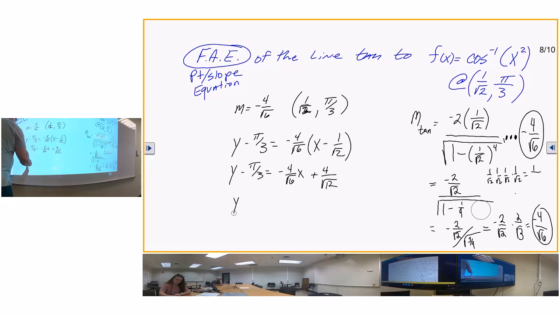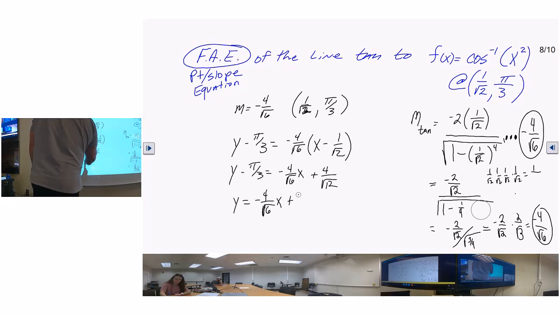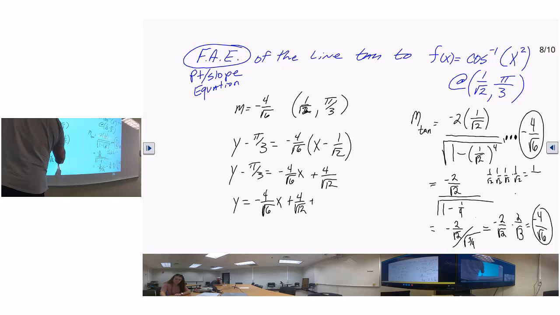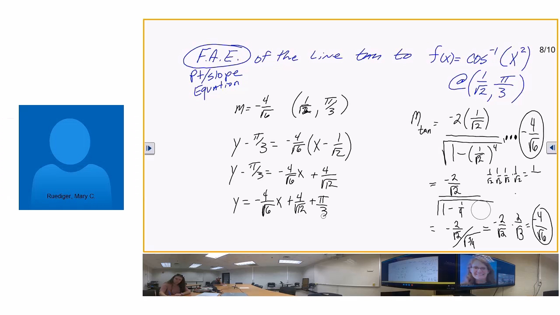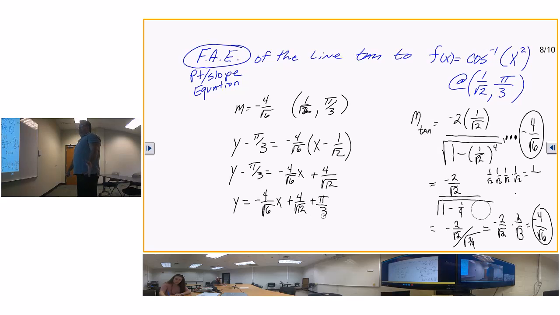Y is equal to negative 4 over the square root of 6 times x plus 4 over the square root of 12 plus pi over 3. Now, the good thing is, I might not be able to get a common denominator for 3 and the square root of 12. Well, before you do that, 2 square root of 3 is the square root of 12, right?